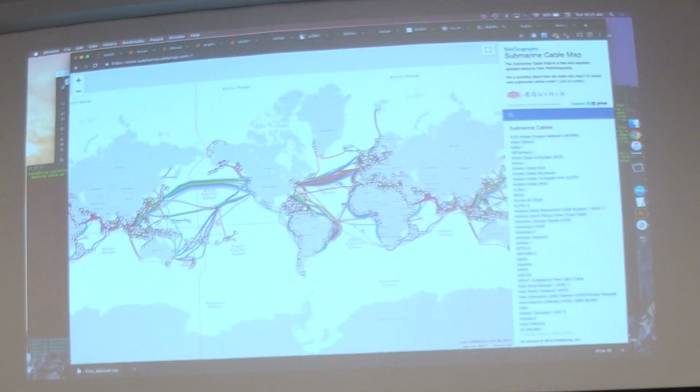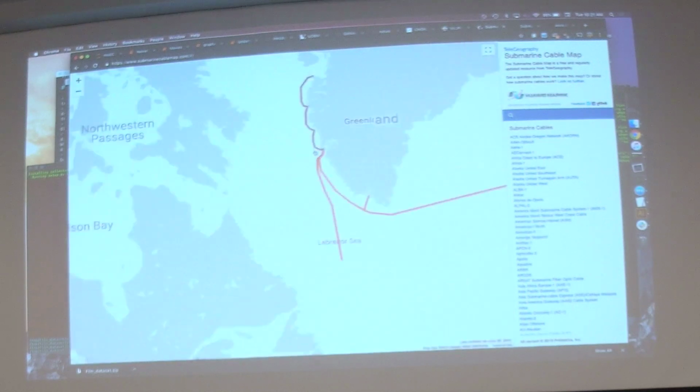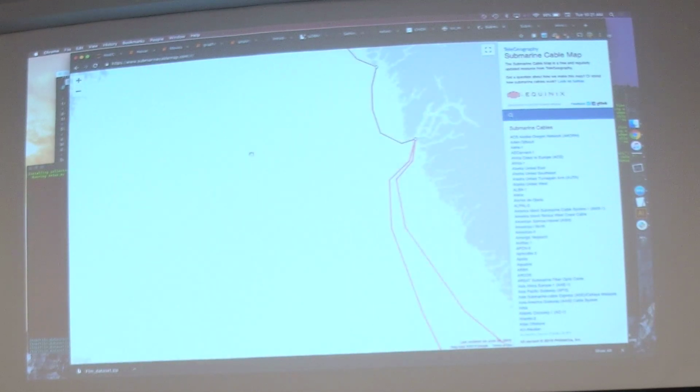Might help to look at, specifically, maybe we'll look here. Oh, the endpoints.